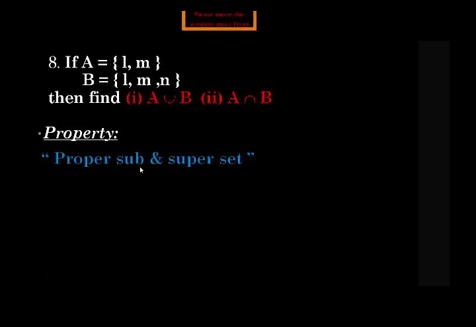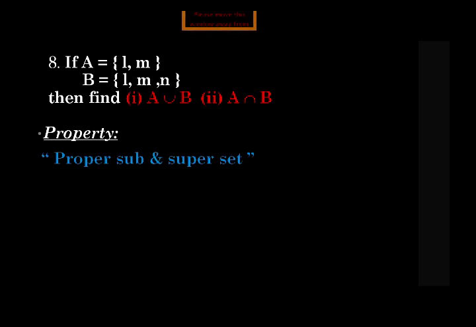This is proper sub and superset. Why is this proper sub and superset? Because B contains all the elements of set A. LM is completely present in set B. So this property is known as proper sub and superset.